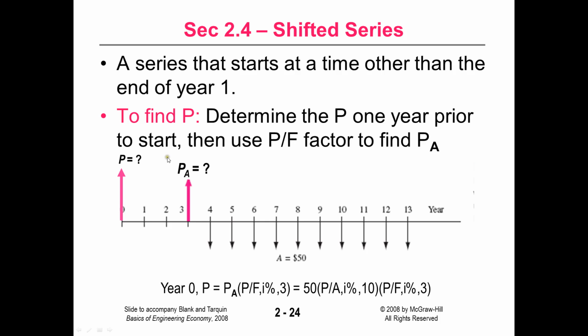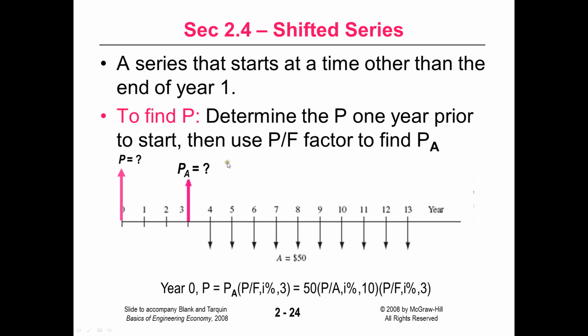Taking into consideration years 3 to 13, here you would have your ideal cash flow. This would be your year 0, and you can renumber them if you want, your year 0 and your year 1 where your A starts.